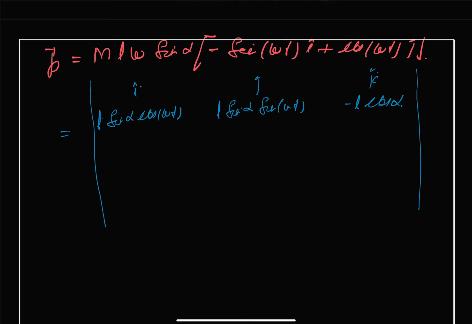And for our P, we write minus m L omega sin alpha sin omega t, next m L omega sin alpha cos omega t, and 0.